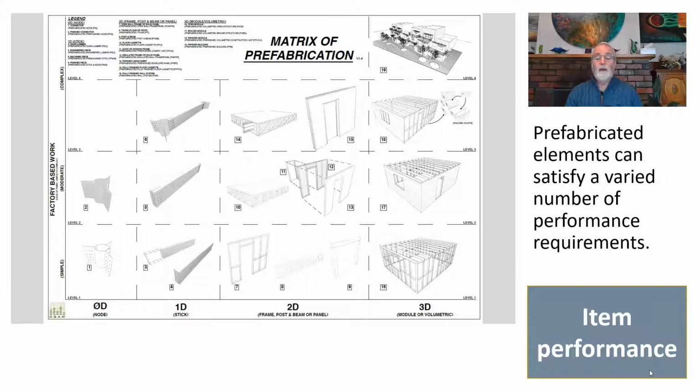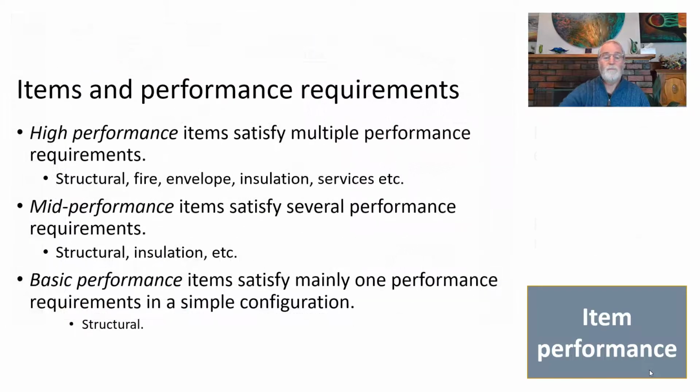If we're making a module, for example, we could just make it as a structural item that gets delivered to site. We could make it so that it includes envelope, or that it starts to include a whole range of different services as well. So in each of those cases, we're satisfying more and more performance requirements. So we can move from a simple element all the way through to a complex one.